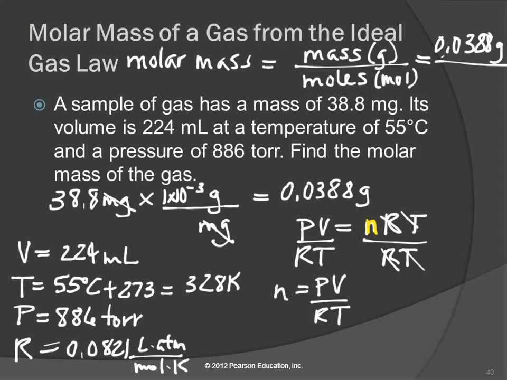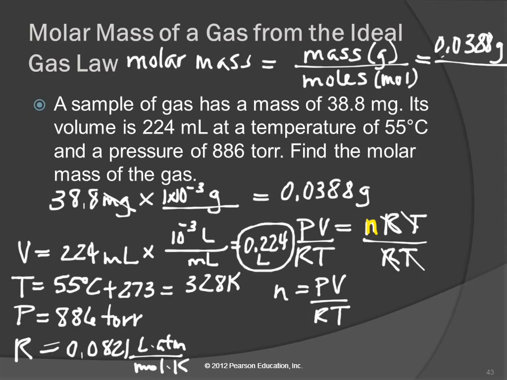We're going to multiply by liters, divide by milliliters. Milli means 10 to the minus 3, so we're going to stick that there. And when we do the math, we come up with 0.224 liters.